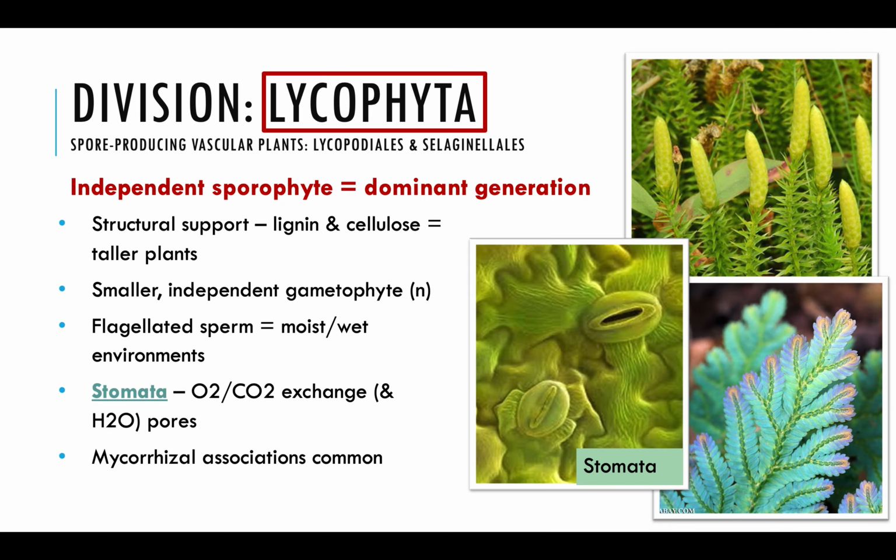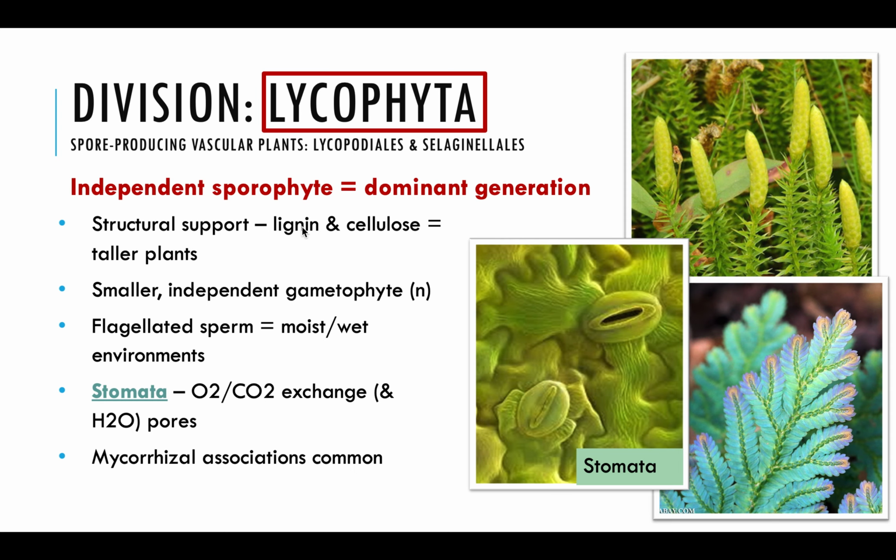So our first division of plants with vascular tissue that we're going to talk about are our Lycophytes. Our Lycophyta still produce spores, okay? But the most important part here is that they are going to be sporophyte dominant now. So you will primarily see them in this stage, with their little spore-bearing structure up top.